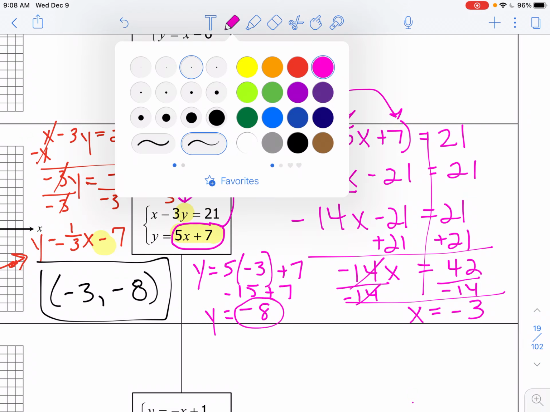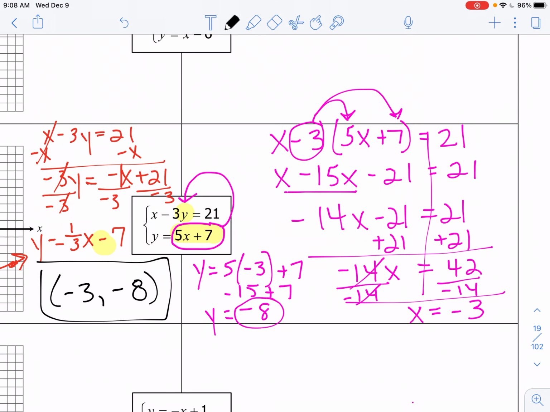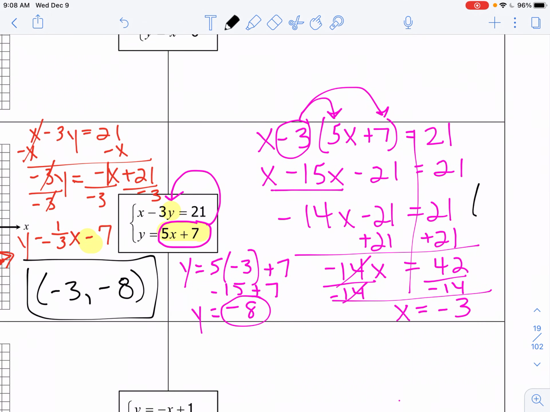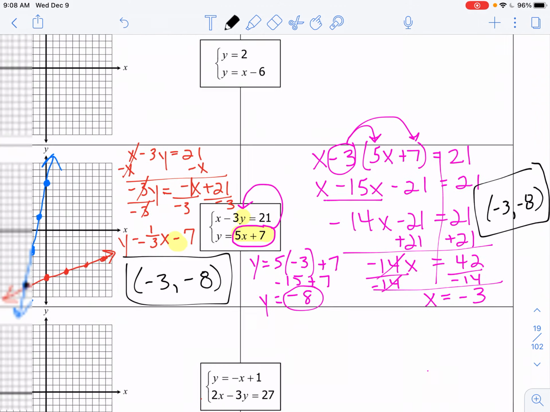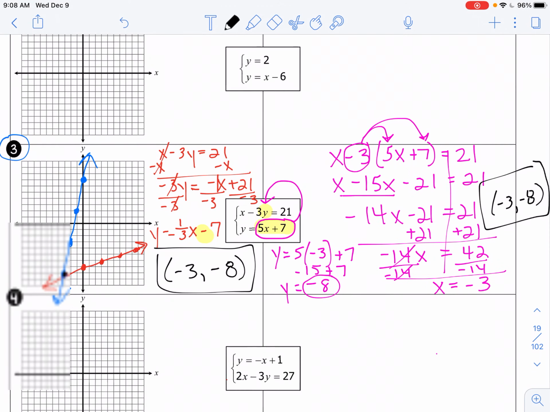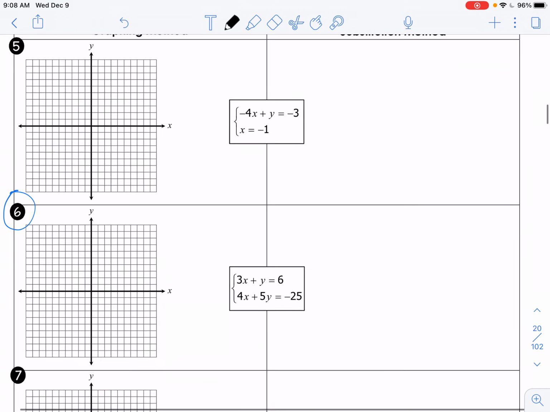I'm going to write that. I'll put it somewhere over here. Negative 3, negative 8. And that's my final answer on the right. And of course they match on the left because it's the same problem, just two different ways to do it. Okay. If at any time I'm going too fast, just pause the video so you can write down all your notes. All right, let's do one more on the back together.